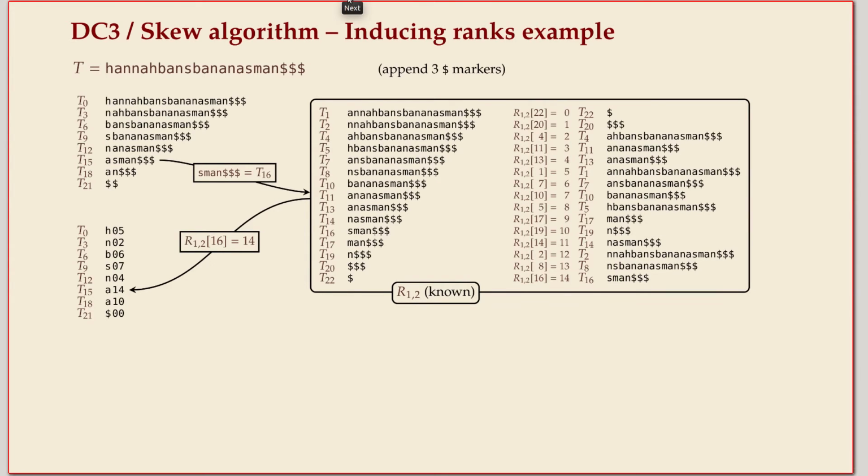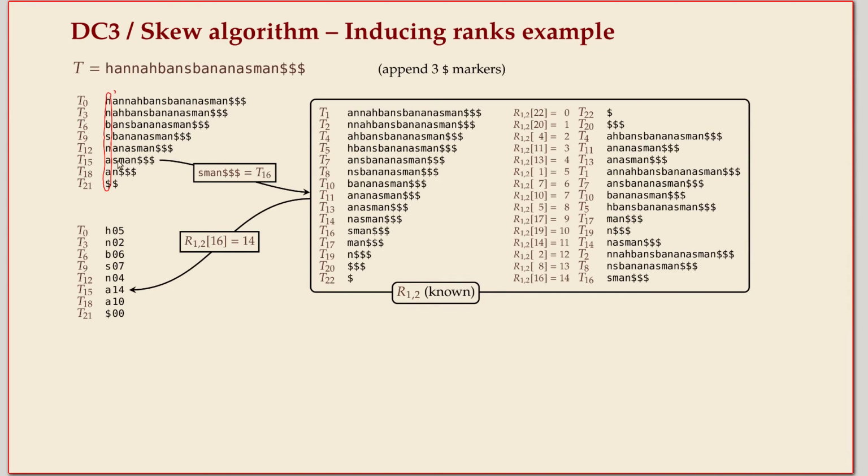So as you might be able to see, I've split off the first character of these here. And if you do that, you see, all of those start with some character, and then comes a suffix that we find in this list. Because if I start at a multiple of 3 and chop off the first character, whenever i is a multiple of 3, i plus 1 is not a multiple of 3.